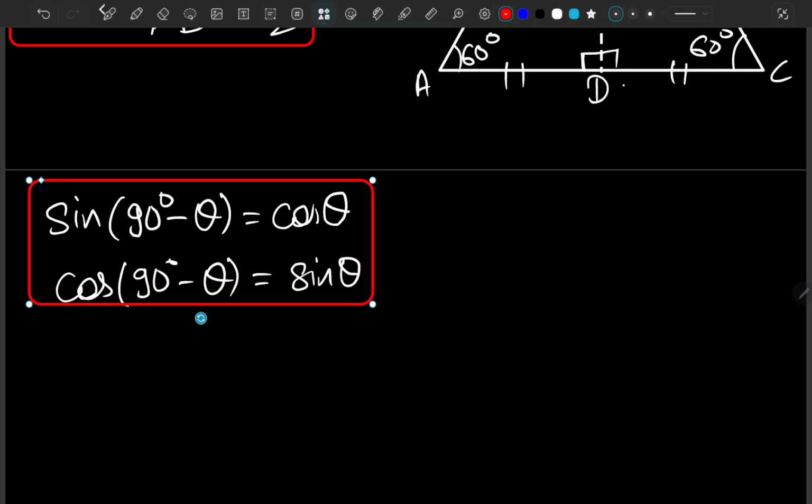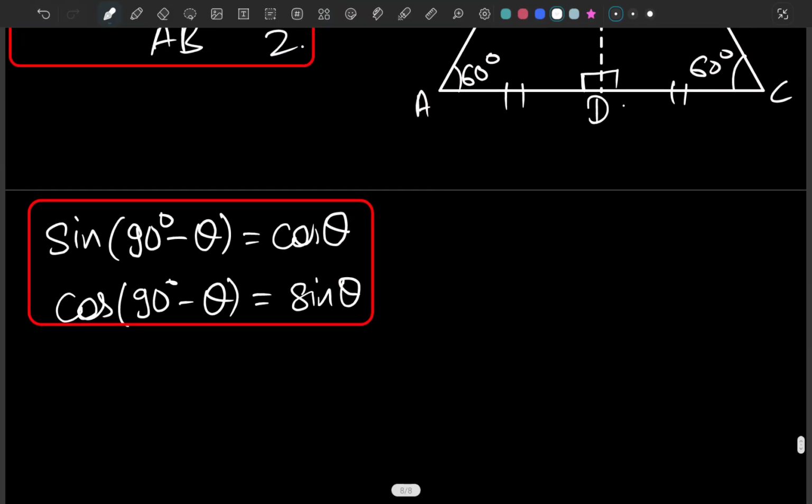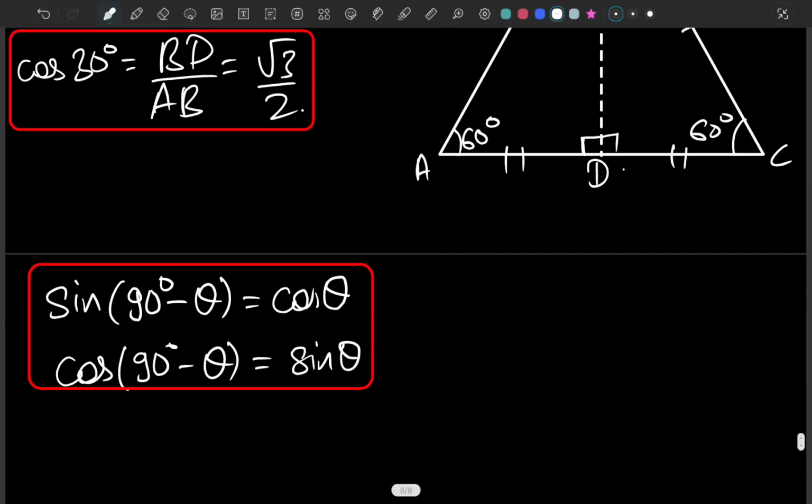Extremely important. And we are in grade 11th of a typical Indian education system from now. So sine of 90 minus theta is cosine of theta. Just take a look at this. When you plug theta equals 30 degrees, it's sine of 60 degrees, and here it is cosine of 30 degrees.